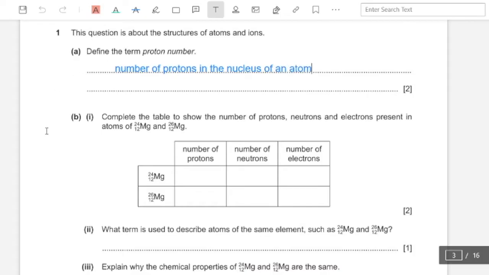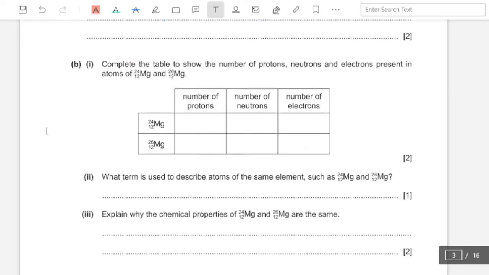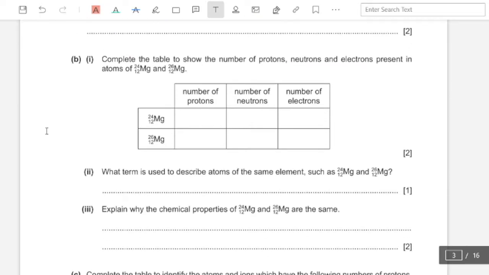Alright. B. B1. Complete the table to show the number of protons, neutrons and electrons present in atoms of magnesium 24 and magnesium 26. Now this shows us that these two are isotopes, meaning that they have different number of neutrons since their mass numbers are different.